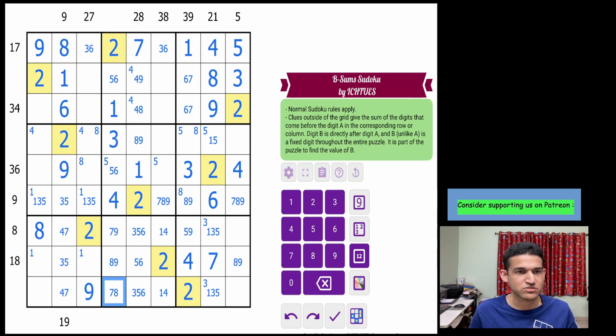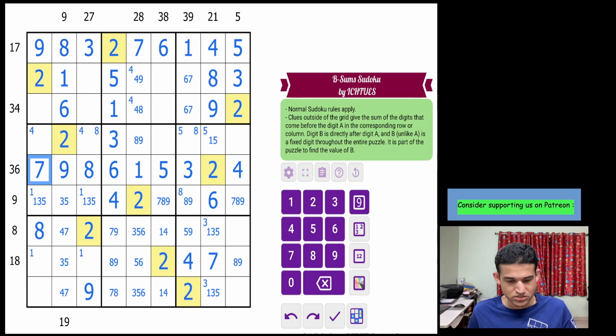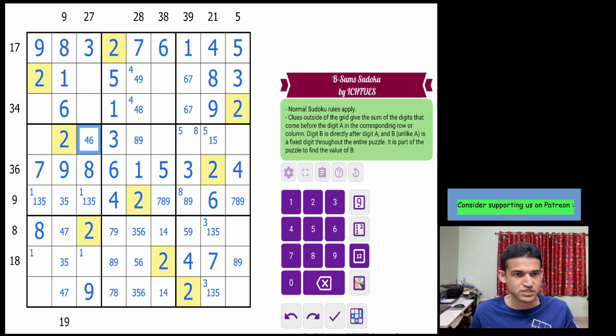Oh, 6 is here. So that's not 6. That's 3. That's 6. That is a 5. This is a 6. Which gives 5 also immediately. So now I know these will be 7 8, so 8 goes here and 7 goes here. These will be 4 and 6, 4 6. So I have 4 5 7 here. Just a second.